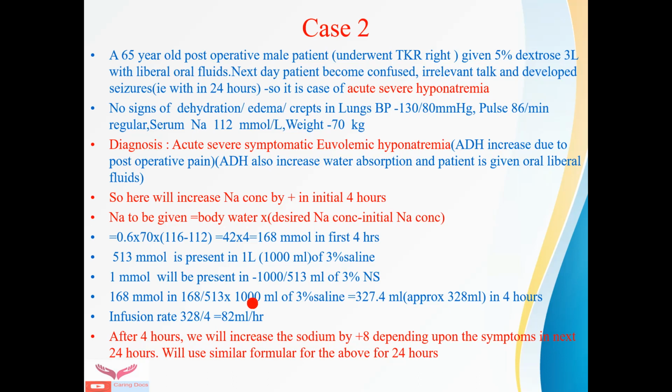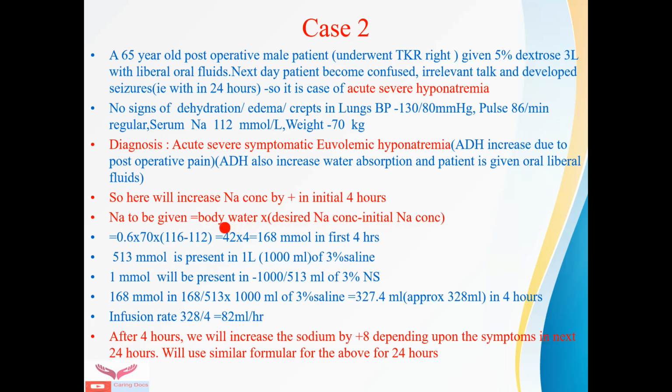So here we will increase the sodium concentration by +4 in the initial 4 hours, then in the next 24 hours we can increase it to +8. So sodium is to be given as body water into desired sodium concentration minus initial sodium concentration.